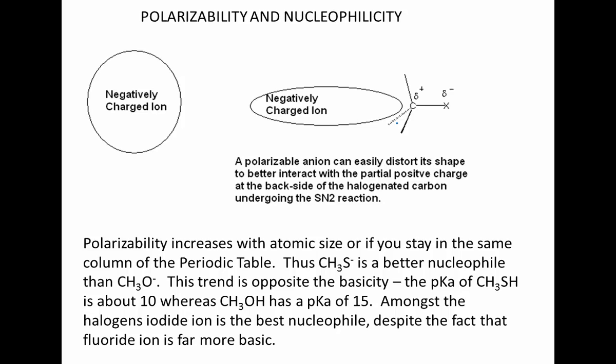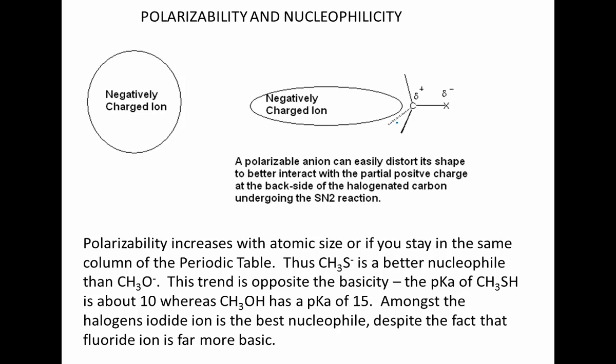The ability to distort this electron cloud around a negative anion to adapt to its environment here is the polarizability. And the larger or more diffuse the anion is, the easier it is for it to distort the shape of the electron cloud.